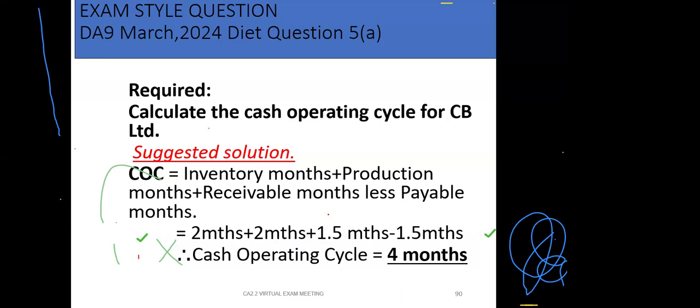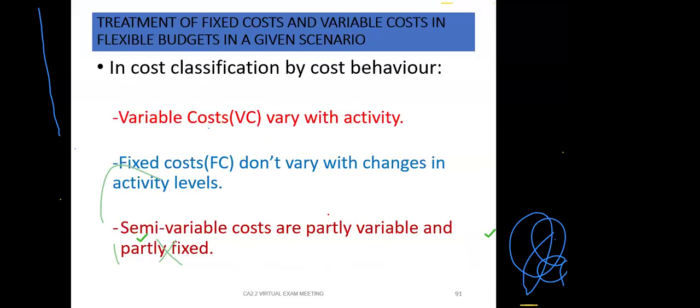Again, a figure on its own like that, you cannot interpret whether it's a better figure or not.